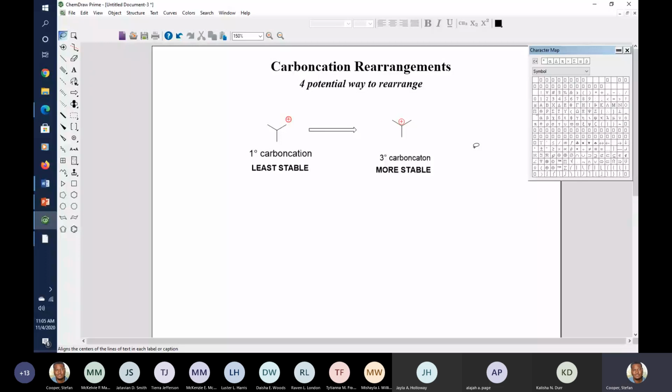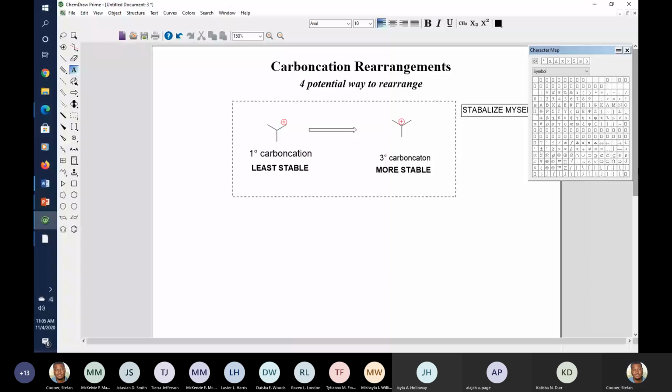A carbon with a plus indicates a carbon that needs electrons. So I'm going to put here a main principle of rearrangements: I want to stabilize myself. Any way I can stabilize the carbocation, the better off I would be.